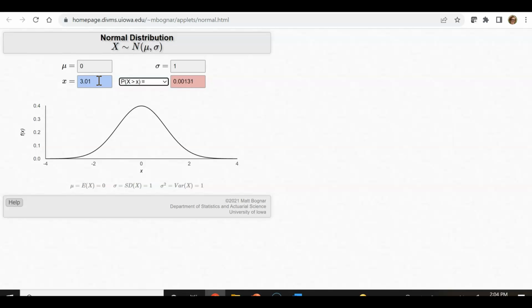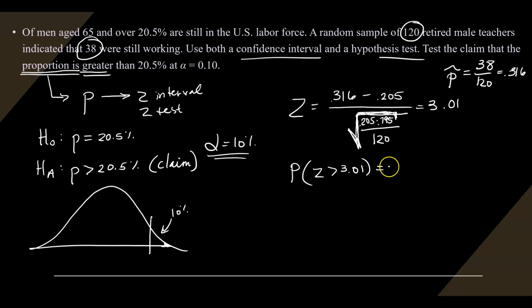We end up with a fairly small p-value, 0.001. As the p-value is smaller than your alpha, we reject our null. We're rejecting our null, and as our claim was the alternative, we can say that we have sufficient evidence to support the claim.